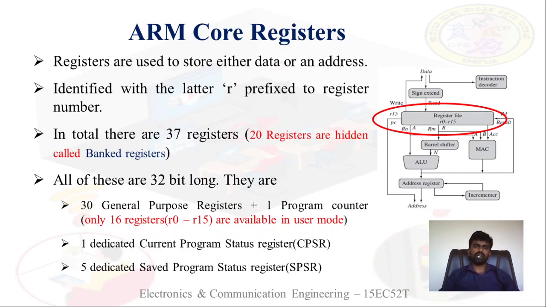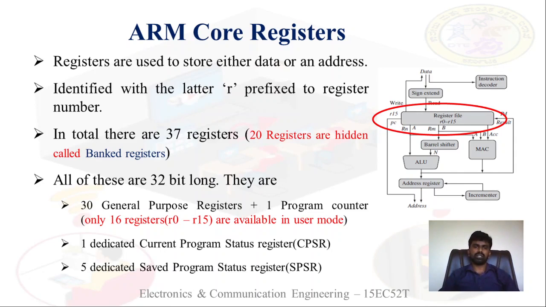Okay, so what are registers and how many registers are available in the ARM? We'll see now. Registers are very important elements which are used to store either data or an address.